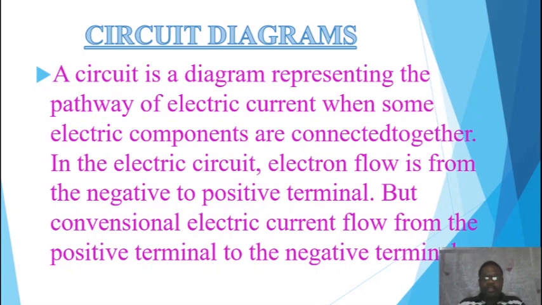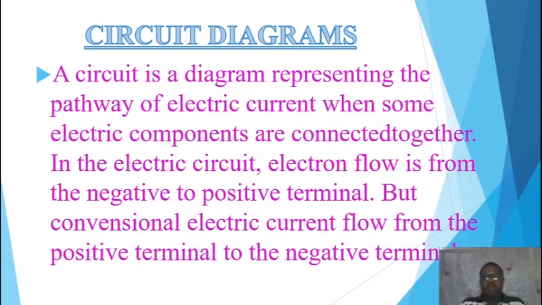Okay, let me explain this. A circuit diagram is made up of the connection of circuit components. Examples of such circuit components are the battery, the ammeter, the resistor, the voltmeter, the fuse, the switches. When they are connected together in such a way that current can flow, we call it the circuit. So when we represent them in a diagram, we call it a circuit diagram.